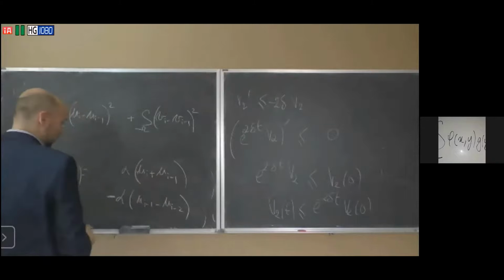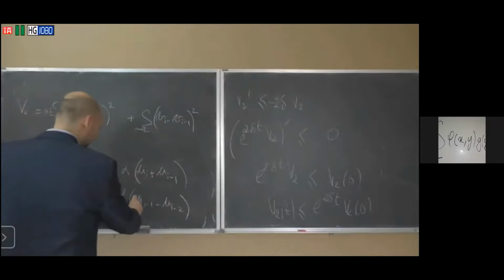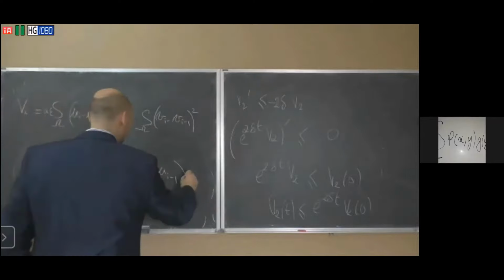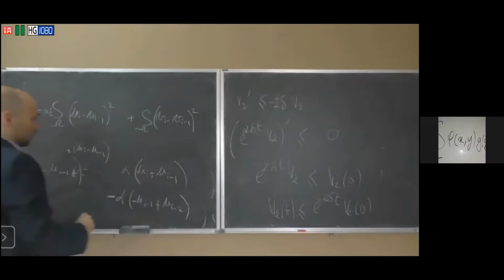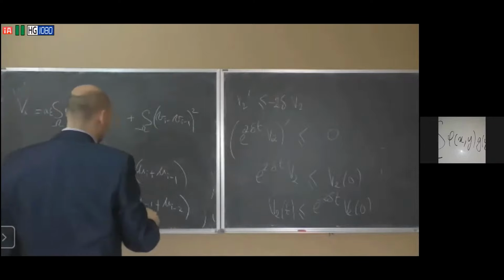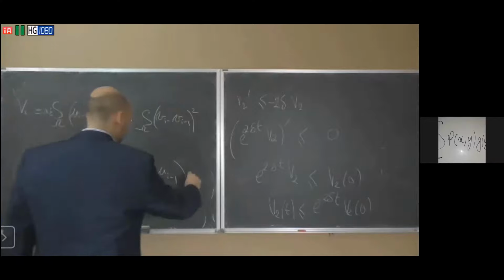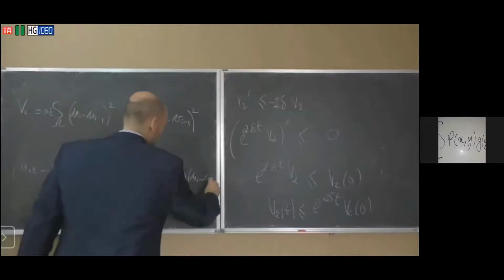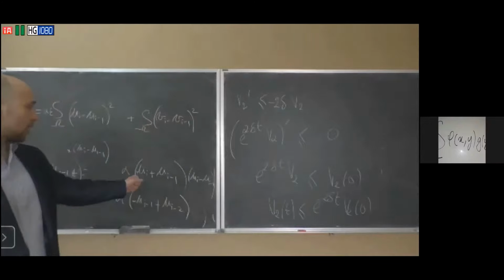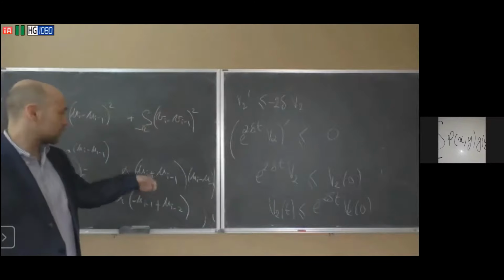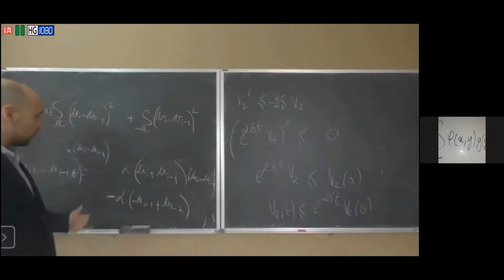And here we have that, and then when I take the derivative, so this is good because I will get minus this quantity squared, but then I have the same here.